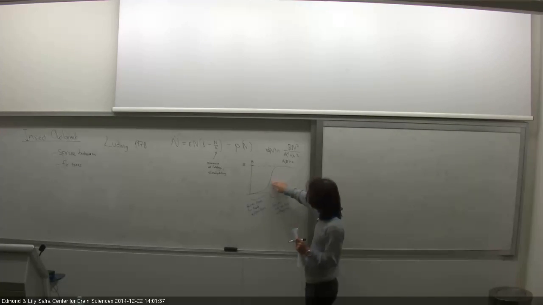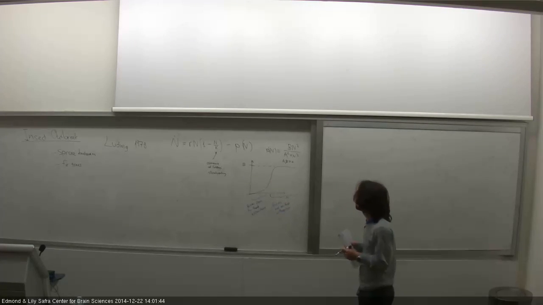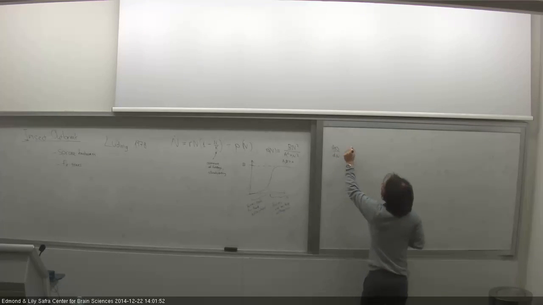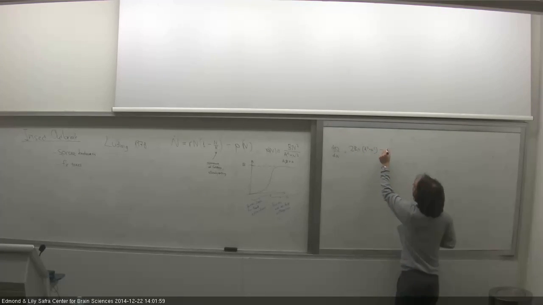So A would control, I think, where this transition occurs in the slope. Let's see. We can check for it.